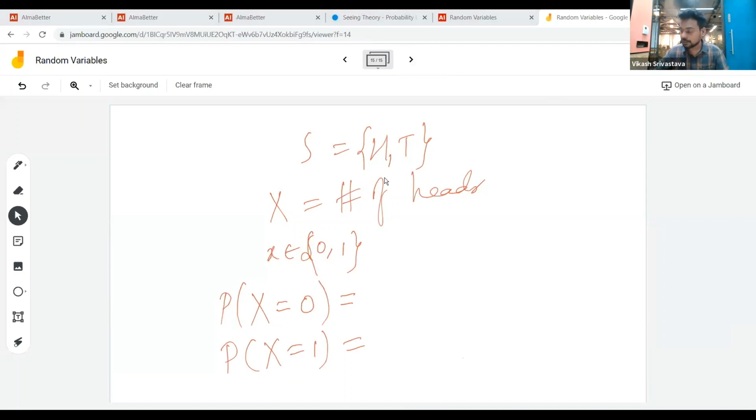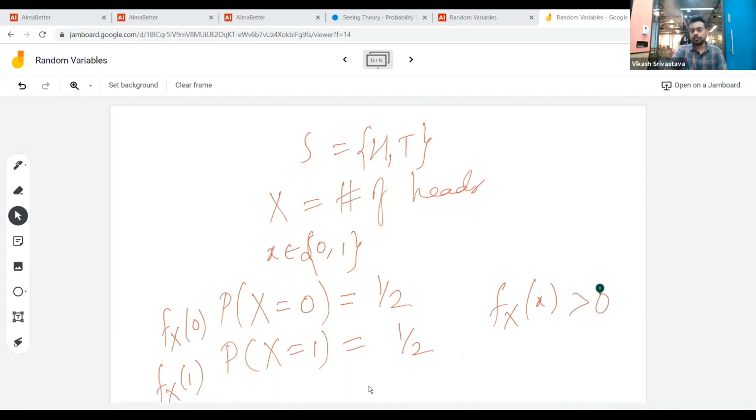Right, so this will be half and this will be half. As you can see, this is nothing but f(0) and this is f(1), and in both cases f(x) is greater than 0.